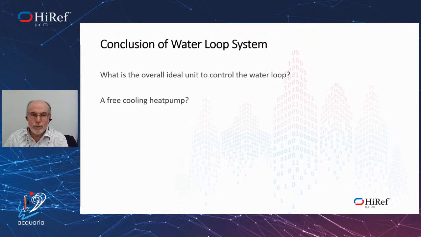It needs to be thought about what the system is, because these systems are variable. And so it needs to be considered what is right for that particular building and that system to maximize the energy usage.